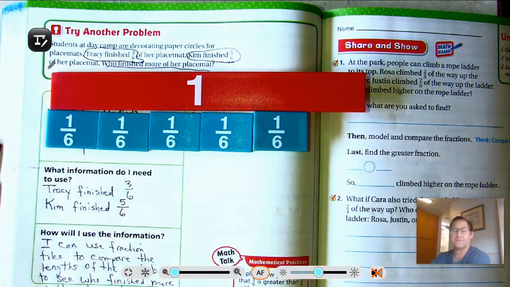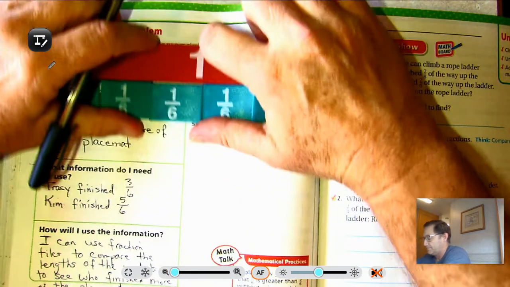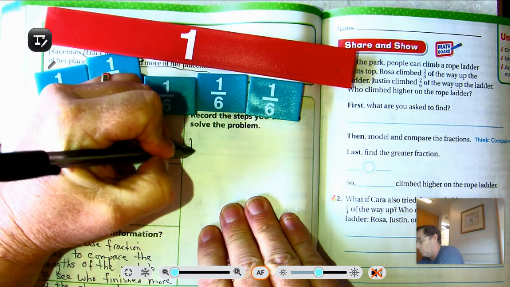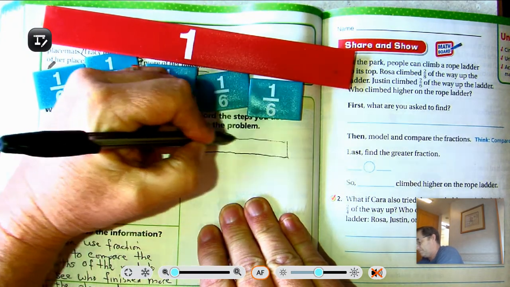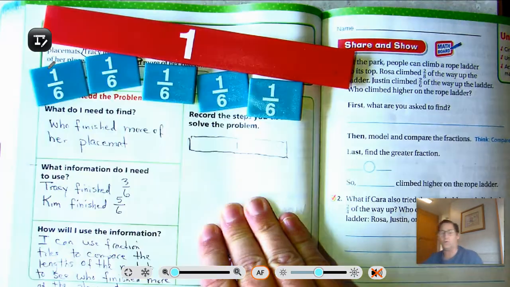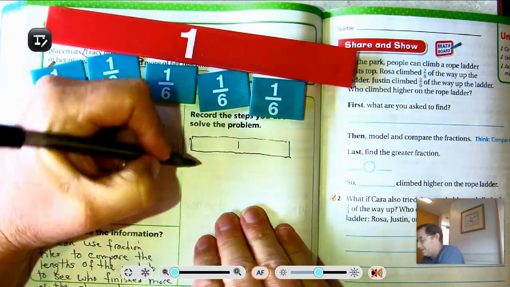Kim finished 5/6 of her model. So it's not quite one whole, right? So let's do this. So let's draw the one whole. We'll call that one whole.